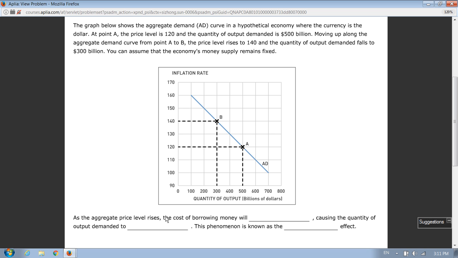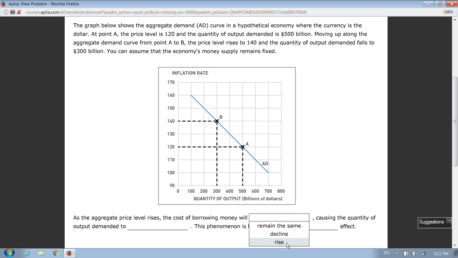We assume that the economy's money supply is fixed, but money demand can change. As the aggregate price level rises, the cost of borrowing money will... So the price goes up, money demand increases. You need to hold more money to deal with the day-to-day transactions. So money demand shifts to the right-hand side.